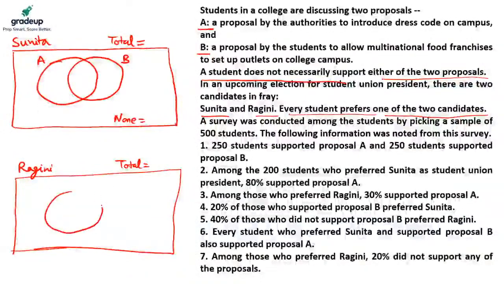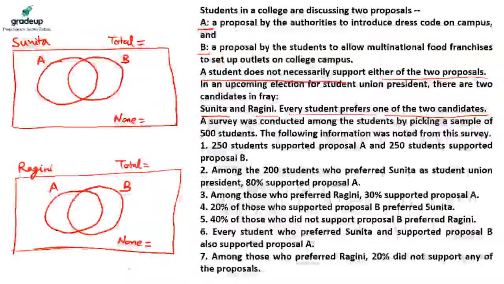Then the students supporting A, the students supporting B, and the students supporting neither A nor B. Guys, tell me up to this point, is everything clear? Okay, Khushbu. Yes, other students, please tell me.